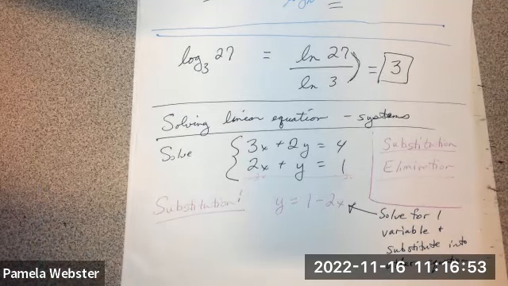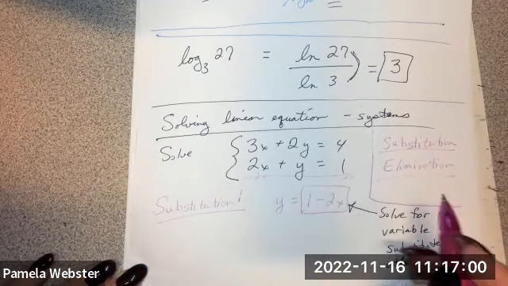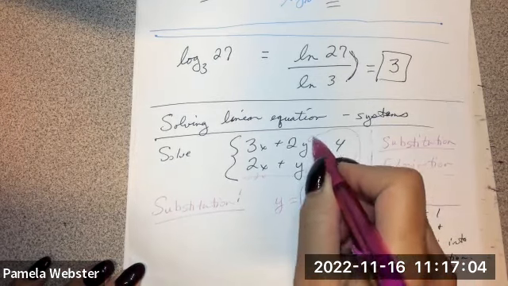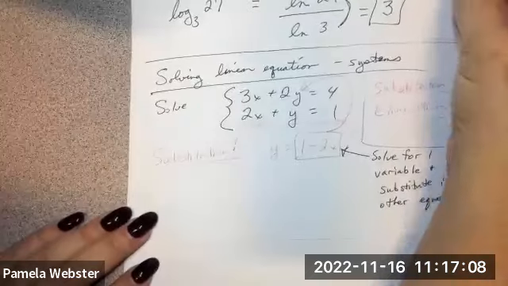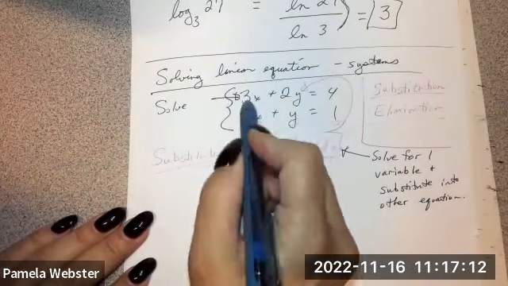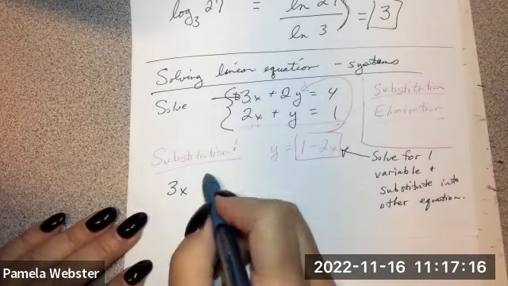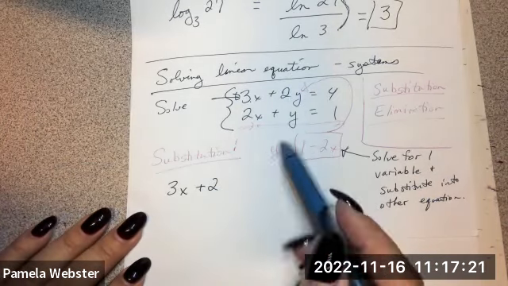Okay, so that means that I'm going to take this guy we just got, 1 minus 2x. If you want to put the negative 2x first, you can. I'm going to take him and substitute him into the first equation up here, right? So that looks like this equation right here. Starts with 3x, so I didn't do anything to that. 3x plus 2 times, but instead of that y, I'm going to substitute.